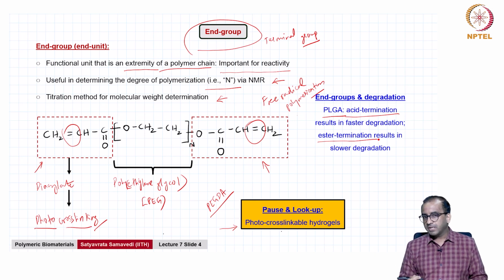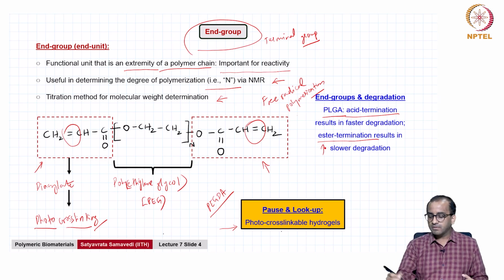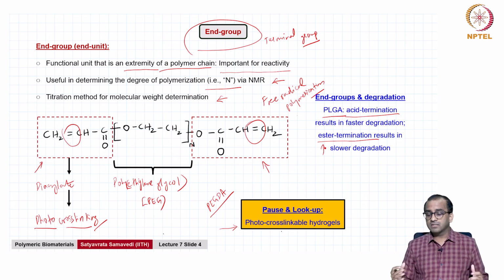Now, acid terminated PLGA allows faster access to water, and hence acid terminated PLGA chains will degrade quicker as compared to ester terminated PLGA chains, everything else remaining the same: the molecular weight, the lactide to glycolide ratio. Acid terminated PLGA allows easier access to water, and hence it leads to hydrolytic degradation of the backbone, which we will also look at later.